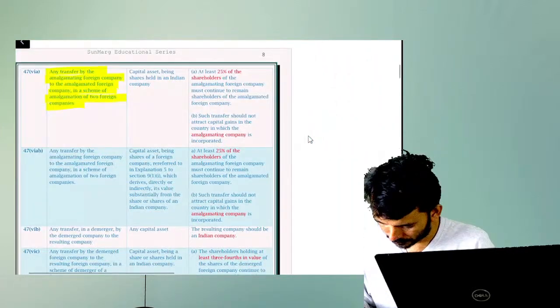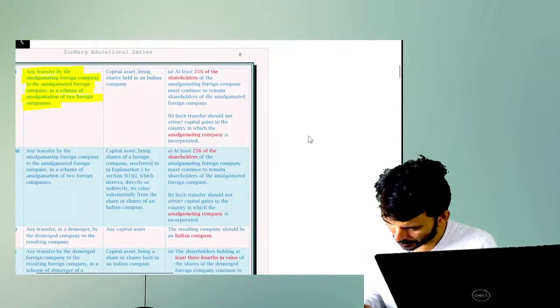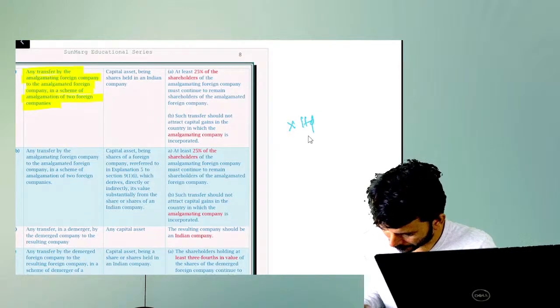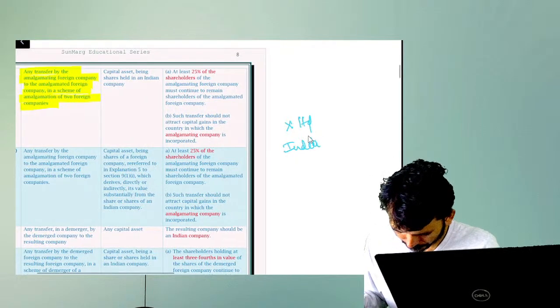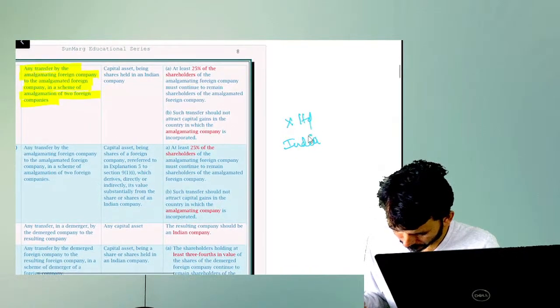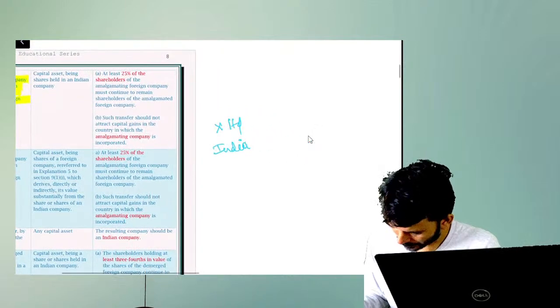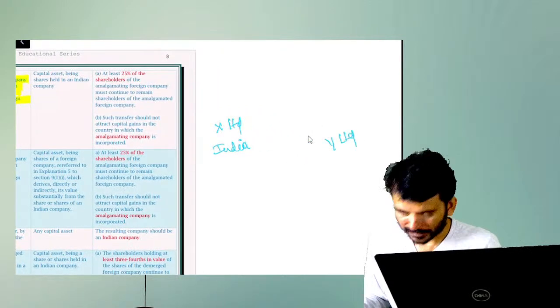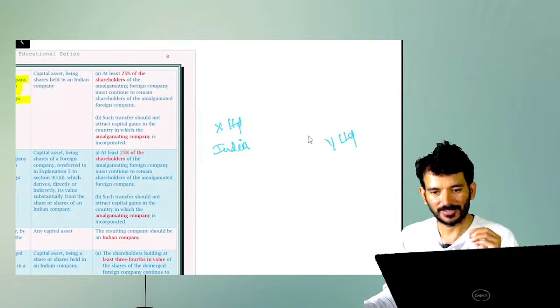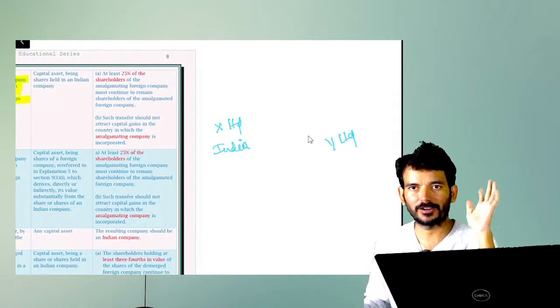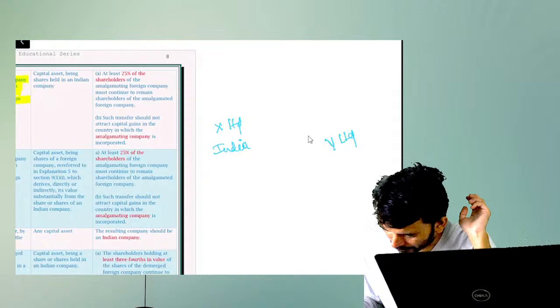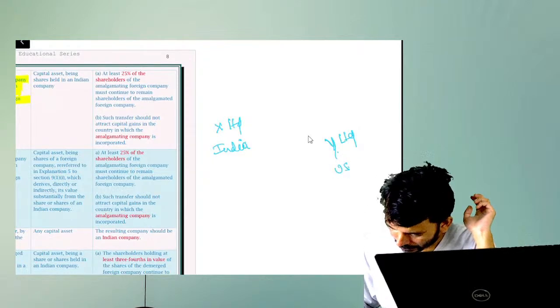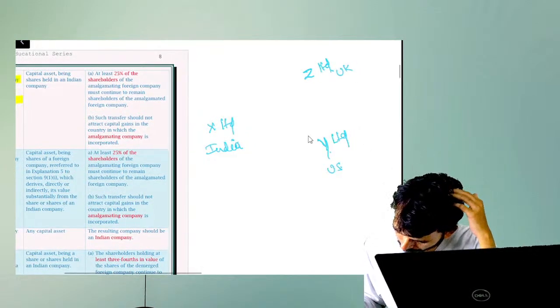Meaning, X Limited, we are in India. This is Y Limited, this is the Vodafone case guys. If someone wants to understand, it's the Vodafone case, they fought it for years and years. This is in US, Z Limited, this is in UK.